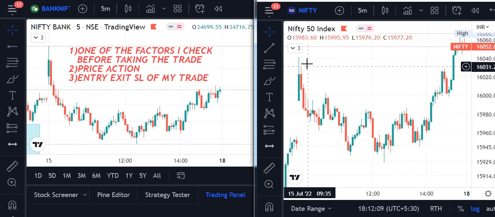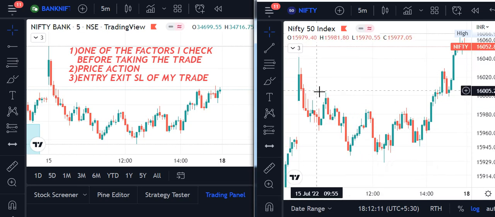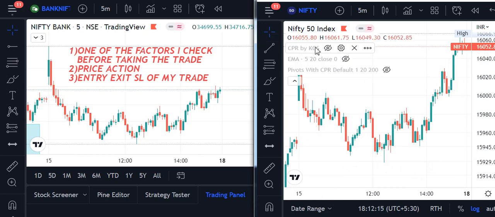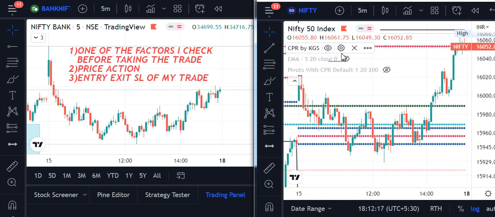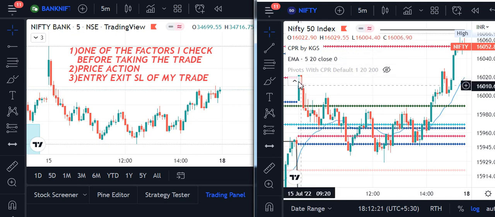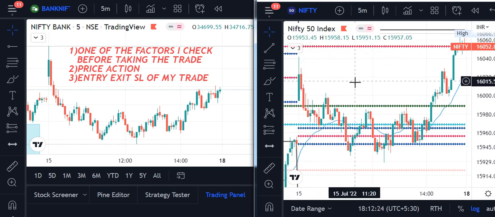No, we can't tell that. That's why I'm using pivots, and to take the trade I'm using 20 EMA. Now it all makes sense why it is moving like this. Sometimes it is so accurate that we are amazed at how wonderfully pivots are helping us.